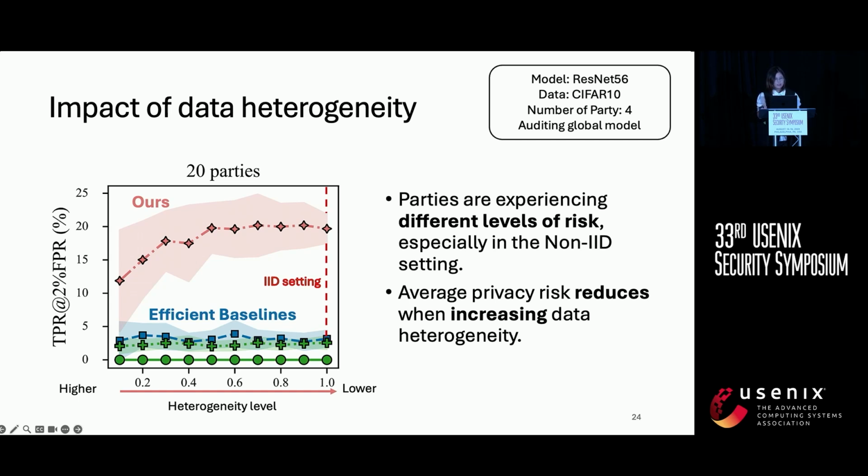This indicates that parties in federated learning are experiencing different levels of risks, particularly in this non-IID setting. This phenomenon has been overlooked in the literature due to the lack of efficient auditing tools. And furthermore, we can observe that as the data heterogeneity increases, the average privacy risk decreases, and this trend cannot be observed using baseline attacks.